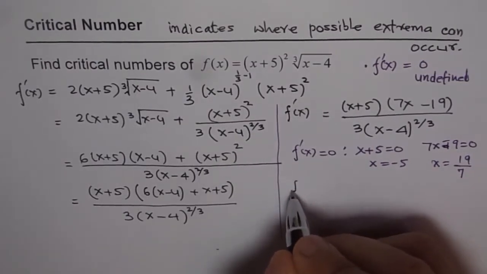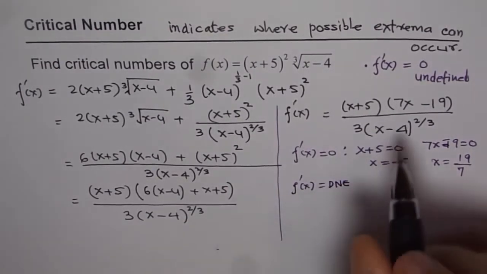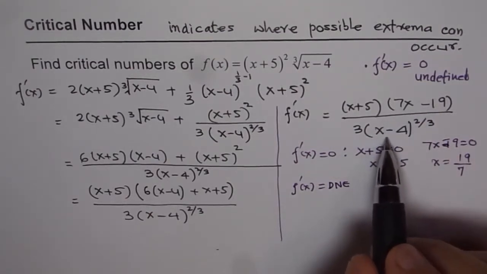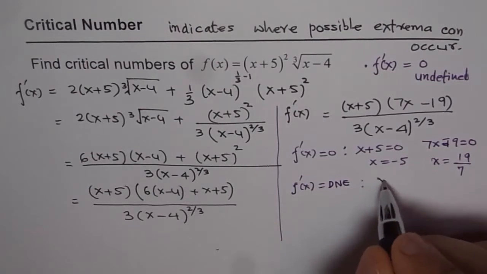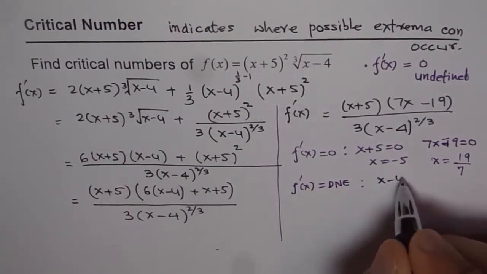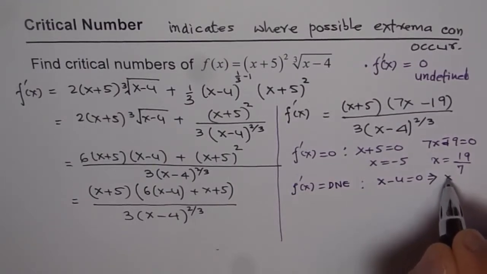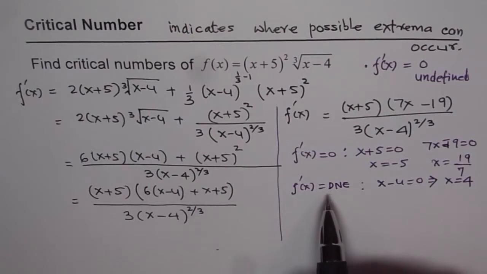Now, which are the points where f dash x does not exist? It does not exist when the denominator is 0, right? So we are trying to find when x minus 4 equals 0, that is at x equals 4, correct? That is a point where the derivative is undefined.